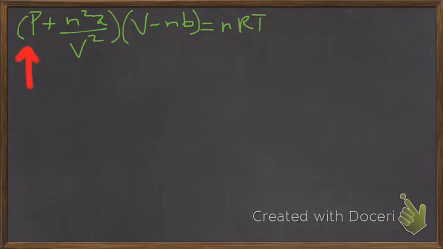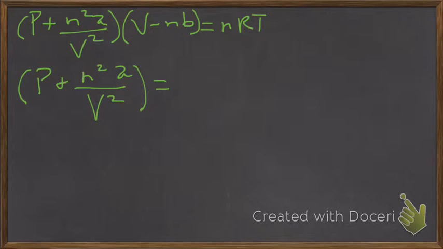Okay, so you're first going to need to divide by this term. So we're going to divide both sides by V minus nB. And when we do that, we get P plus n squared A divided by V squared is equal to nRT divided by V minus nB.